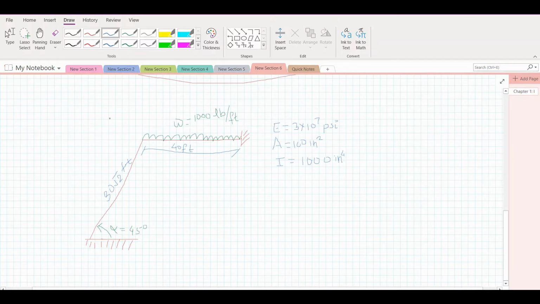Now we have to solve this frame given these geometrical properties, boundary conditions, and loading scenarios.